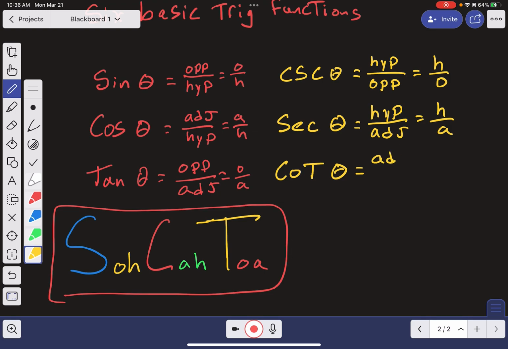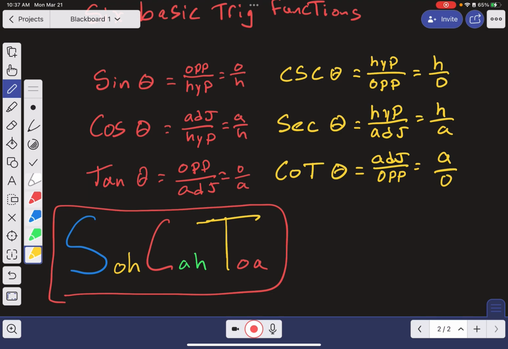And that's going to be adjacent over opposite, or A over O. So these are the reciprocal ones. The reciprocal for sine is cosecant. The reciprocal for cosine is secant. And the reciprocal for tangent is cotangent. This one usually doesn't cause issues. These do.